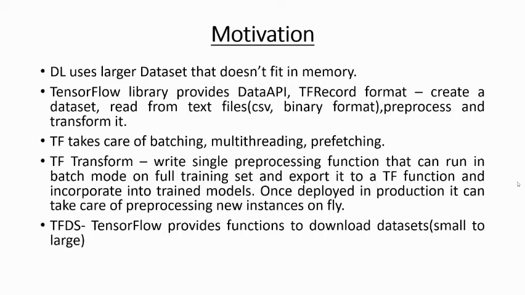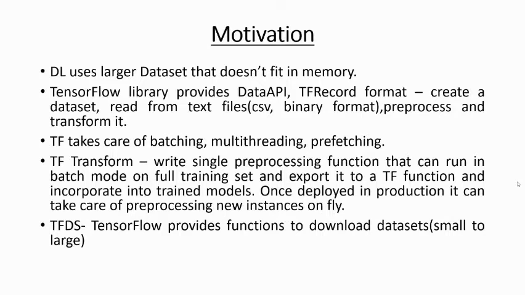There is one more concept in this chapter, that is TF Transform, which helps us to write our own pre-processing function. We can apply this pre-processing function on the complete data set, which can be a training data set.